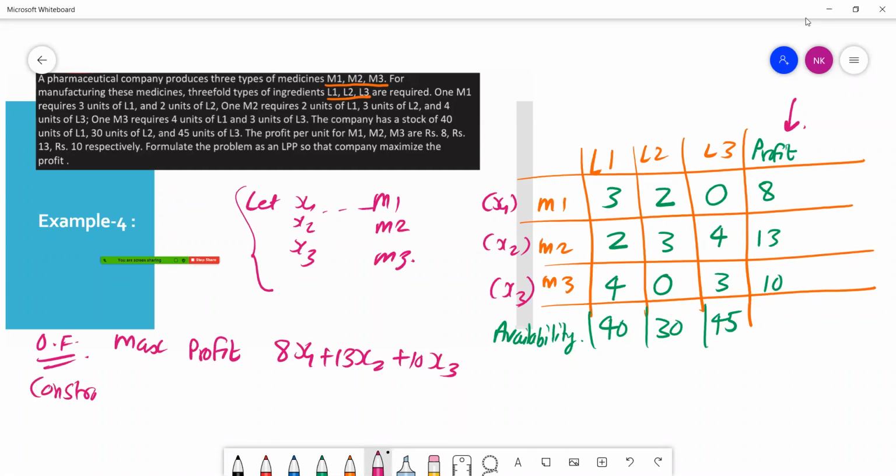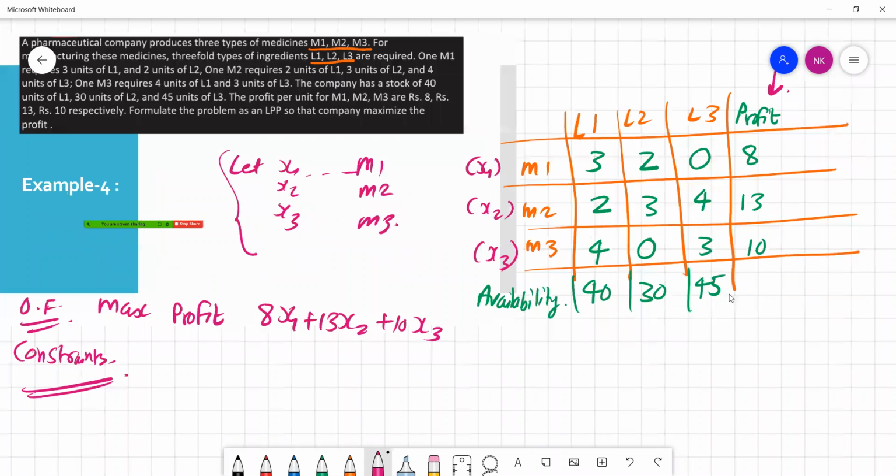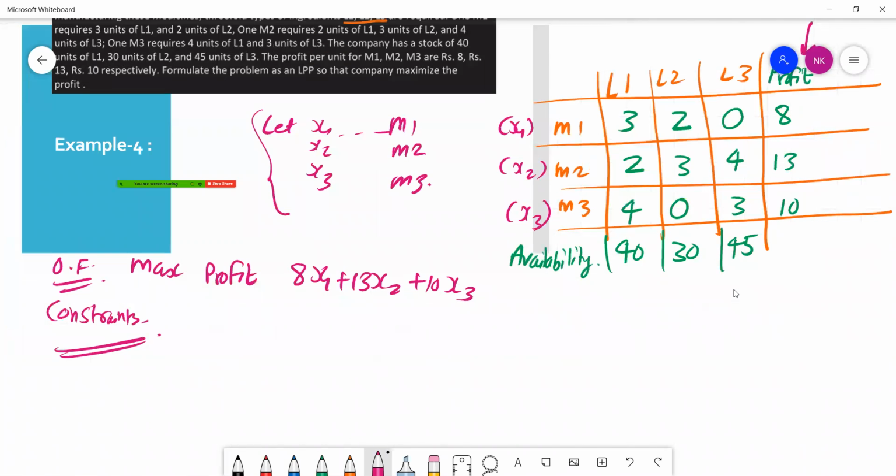Constraints: if I write the constraint for L1, it will be 3x1 plus 2x2 plus 4x3. Here the maximum is the units that are available, so it should be less or equal to 40.